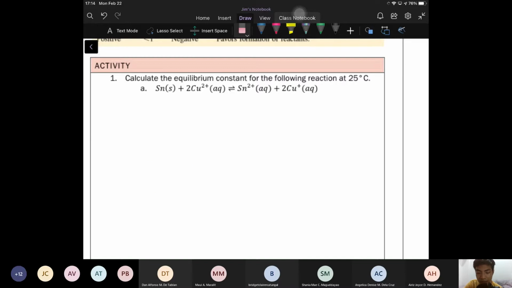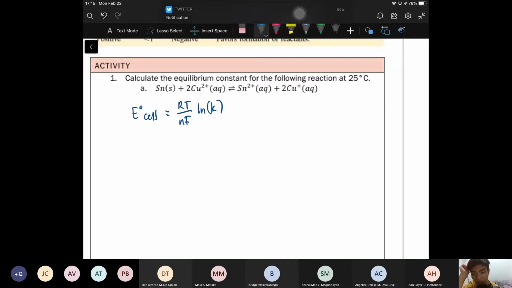Let me rewrite. E naught cell equals RT over NF ln K. Okay. So, since we are looking for the equilibrium constant K, asan yung K? Nasa loob ng ln. So, how are we going to extract K from the ln function?